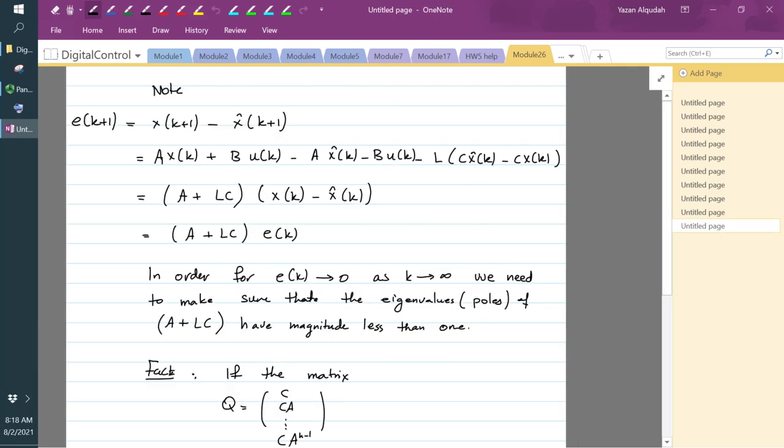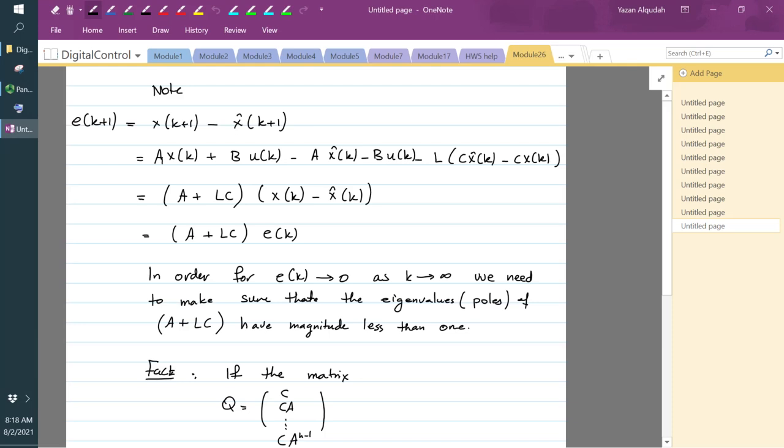Okay, so if I look at the error signal between the state estimate and the actual state, e of k plus 1 is equal to x of k plus 1 minus x tilde of k plus 1. x of k plus 1 is equal to A x of k plus B u of k, minus x tilde of k plus 1, which is equal to A x tilde of k plus B u of k minus L multiplied by C x tilde minus C x of k.